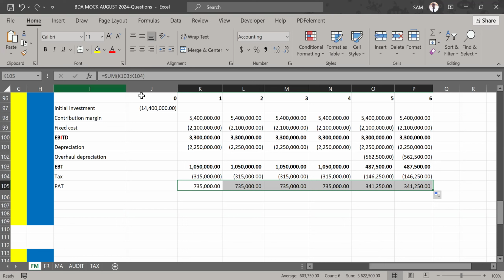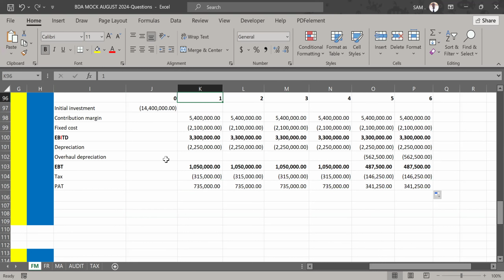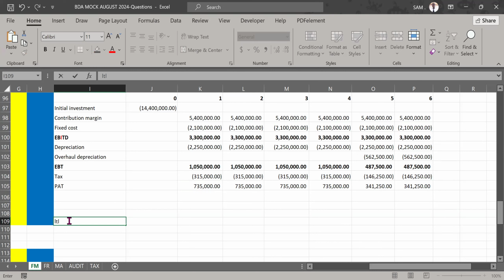For example, in year 1, you might not really pay the 315,000. It's okay. But at the end of the day, we know there is an element of deferred tax. There is current tax and there is deferred tax. And we know deferred tax is a long-term liability, and current tax is a short-term or current liability.